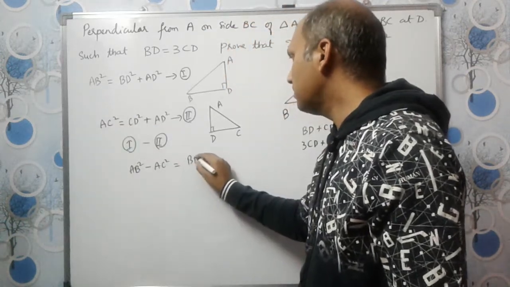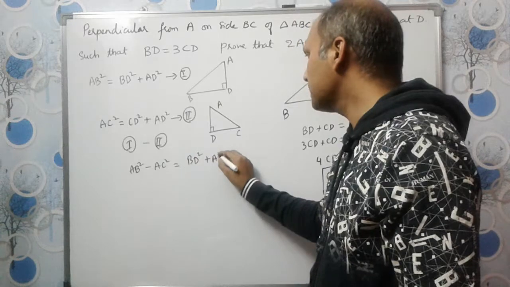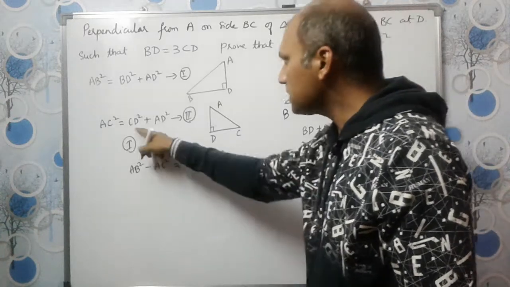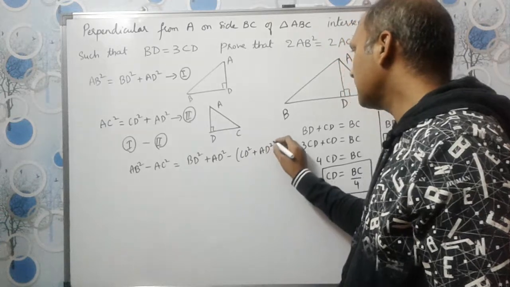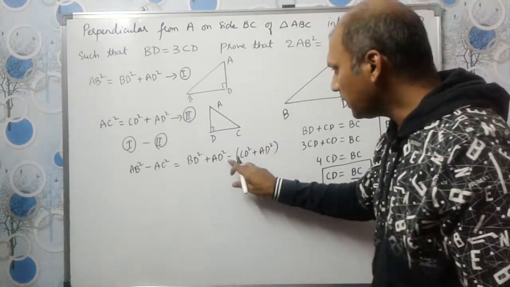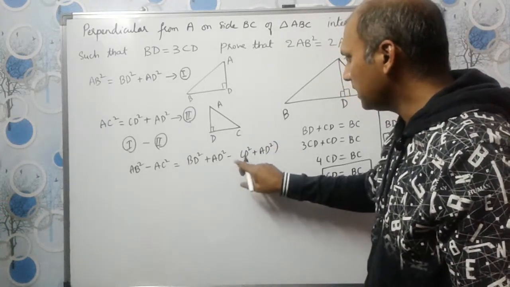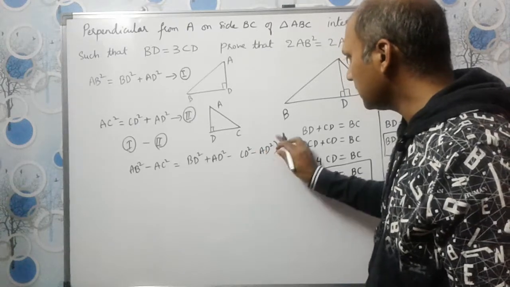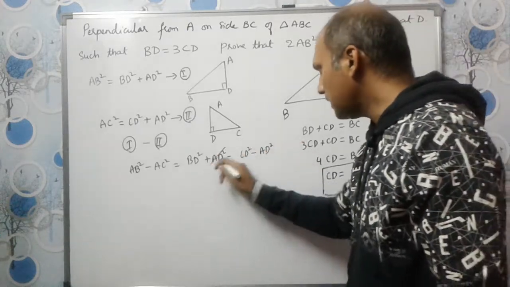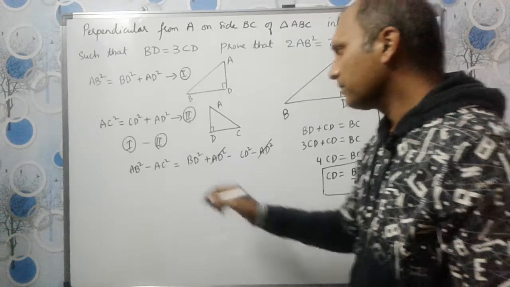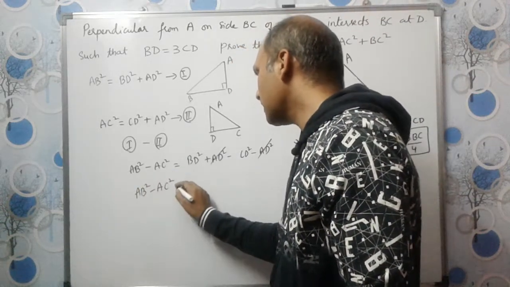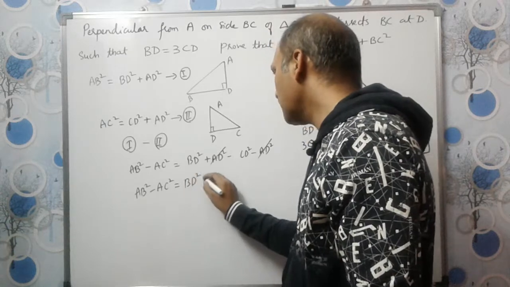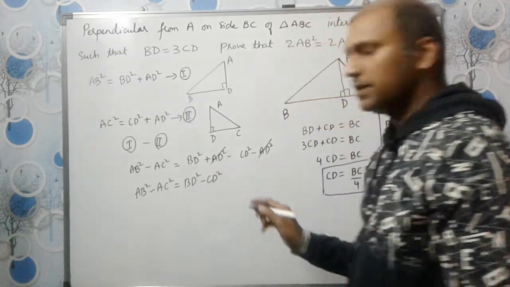This will give us BD square plus AD square minus, in brackets, CD square plus AD square. If I remove the brackets, minus into plus is minus, it will be like this. See, AD will get cancelled now. Now we have AB square minus AC square is equal to BD square minus CD square.